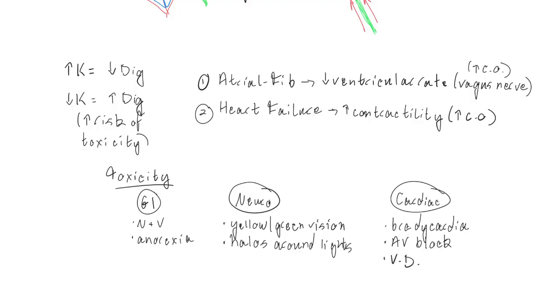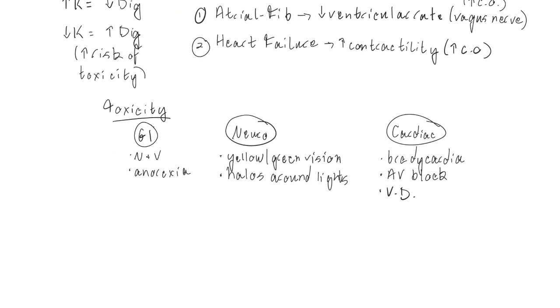And digoxin toxicity can cause almost any arrhythmia. And once we get to the really life-threatening levels of digoxin, we are going to see very, very increased potassium in the bloodstream.